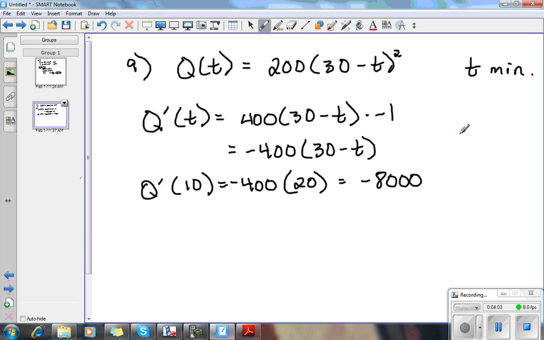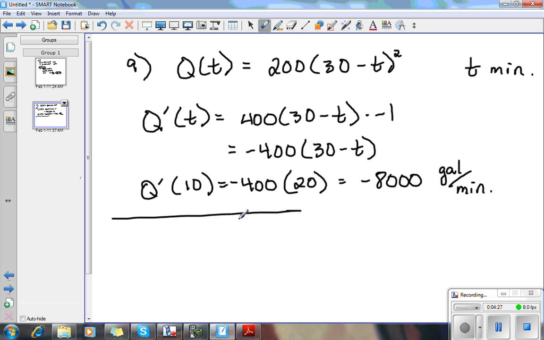And my units, since we were talking about gallons, it's gallons per minute. Now, the negative tells me that the water's flowing out. So it's flowing out at a rate of 8,000 gallons per minute. So that's an instantaneous rate at exactly 10 minutes.